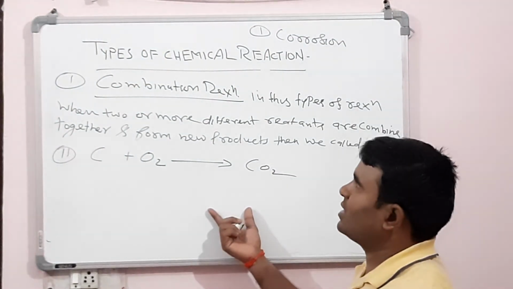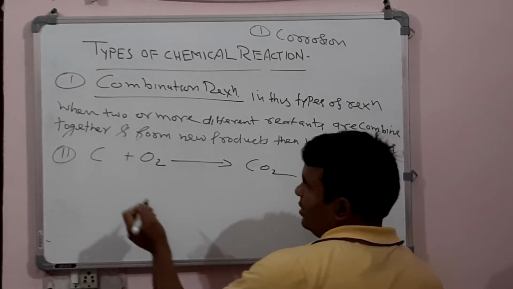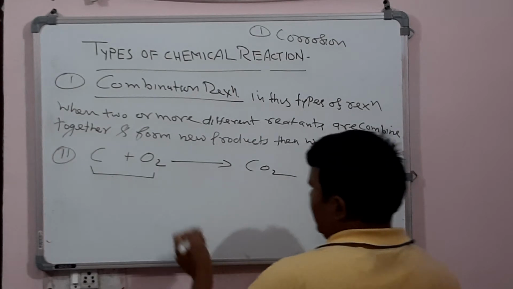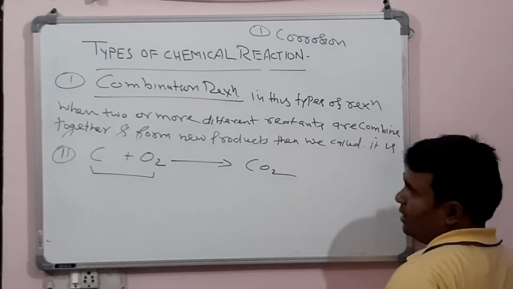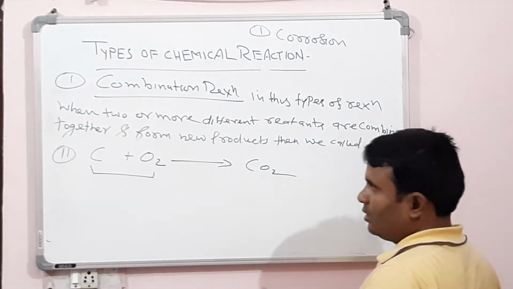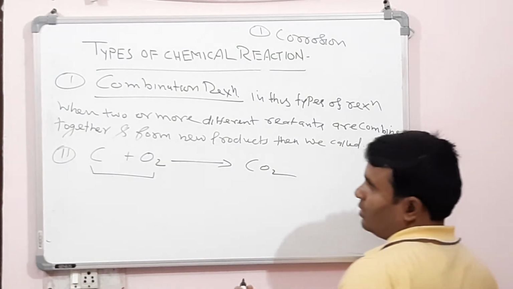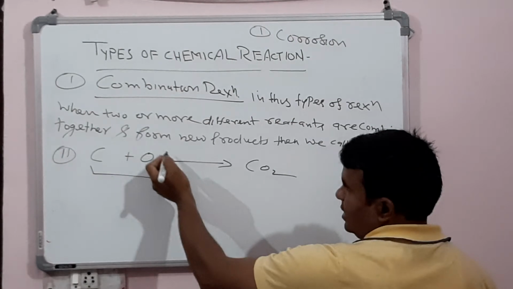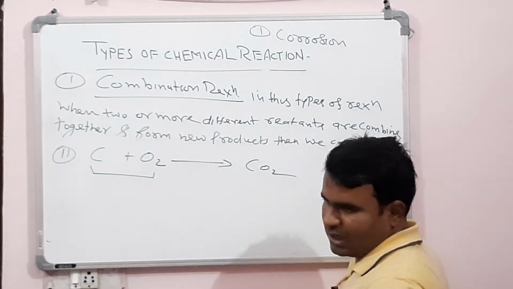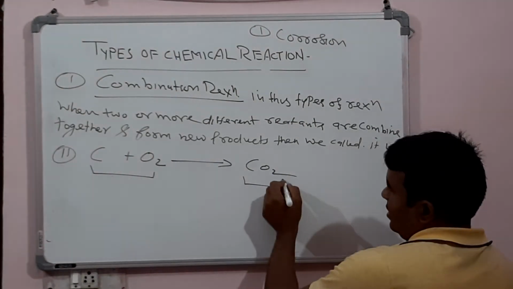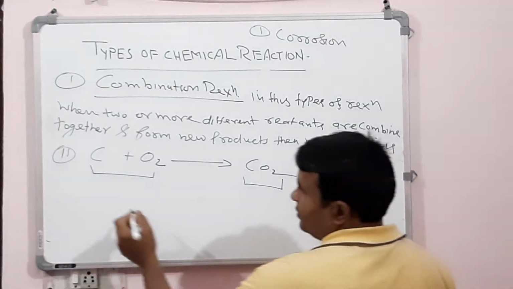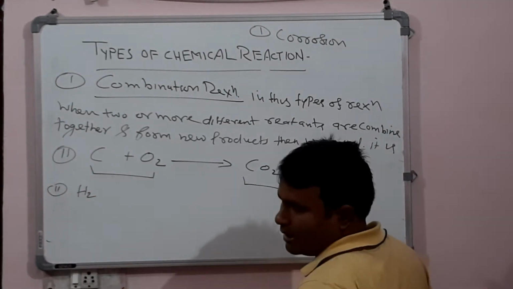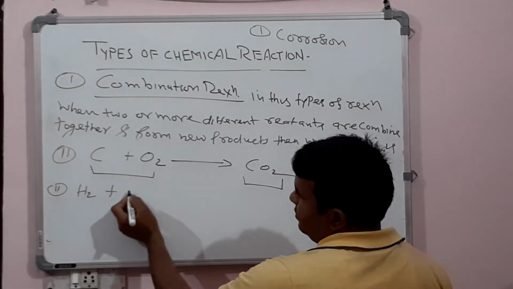It is also an example of combination reaction because we take two different types of reactants and when it chemically burns, or we can say it is burning in the presence of oxygen, it is a combustion reaction, then we obtain carbon dioxide.